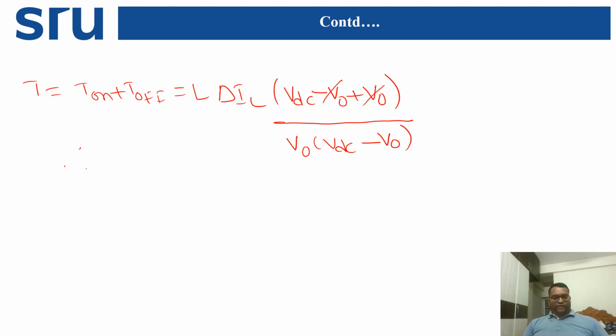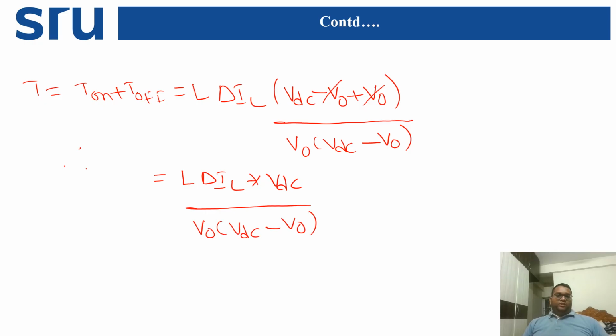Then finally we get L into delta IL into VDC divided by V naught into VDC minus V naught. Before going further, let us take VDC L into delta IL and work with V naught minus VDC minus V naught.